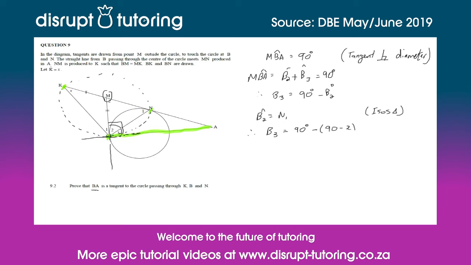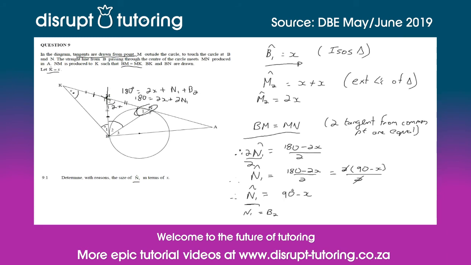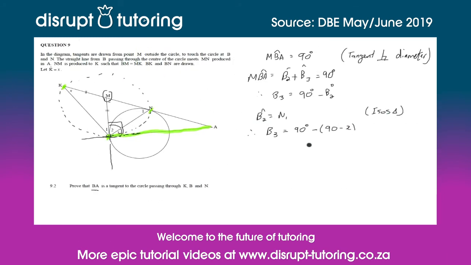And if you don't know where that came from, remember N1 equals 90 minus X. So then we can say that B3 will equal 90 degrees minus 90 degrees plus X. So B3 equals X, and we know that K equals X. So we can say that B3 equals K, which equals X.